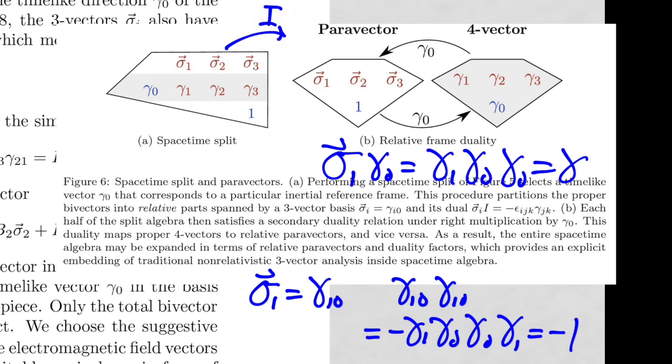It wasn't that messy, but there were some minus signs we had to take care of. Here, we don't worry about those minus signs. There are none. Gamma 1 goes directly to sigma 1, and the scalar unit vector goes directly to the gamma 0 four-vector basis element, and then all of these relative basis elements, which are bivectors, go to these grade 1 vectors. And that's through right multiplication by gamma 0.